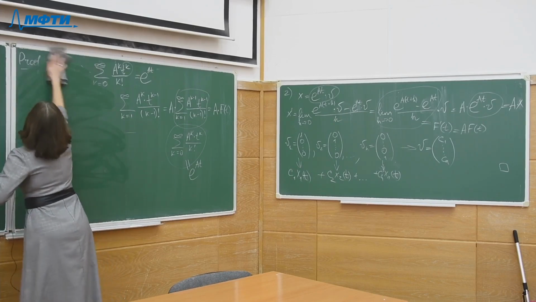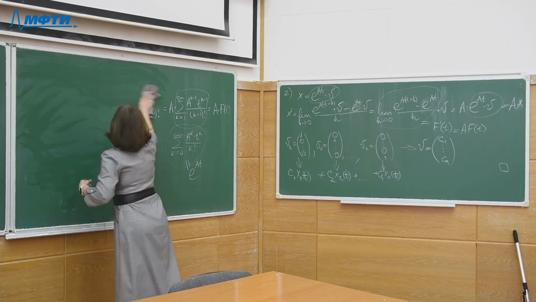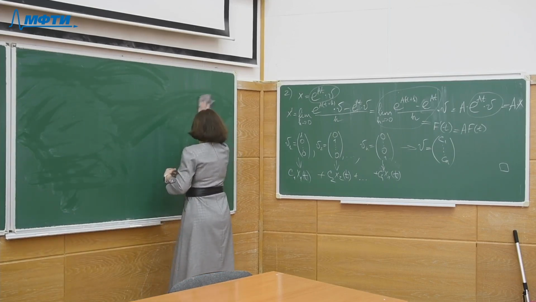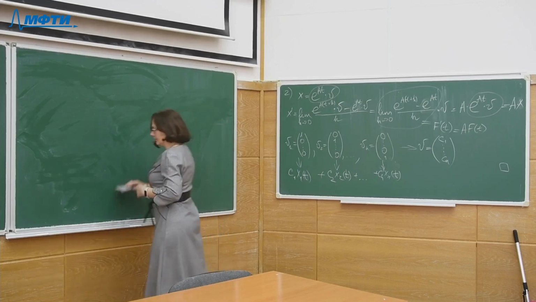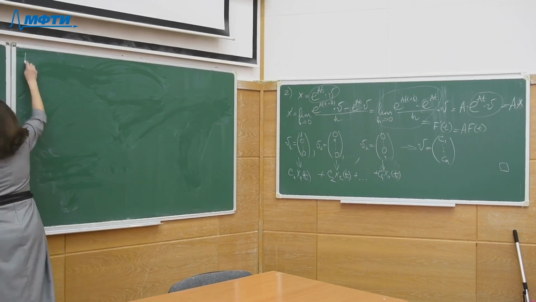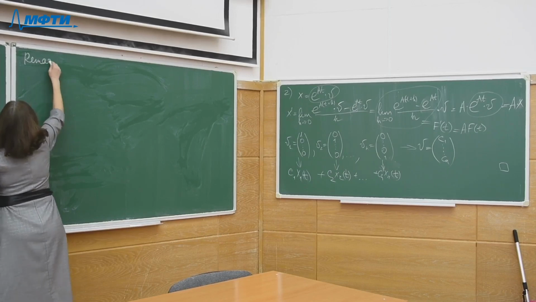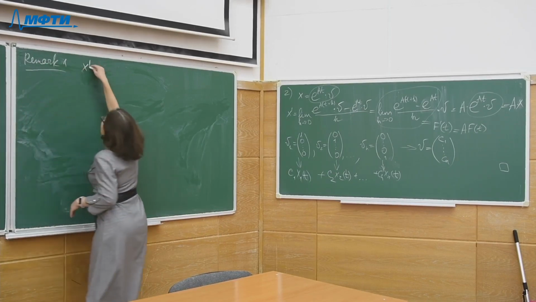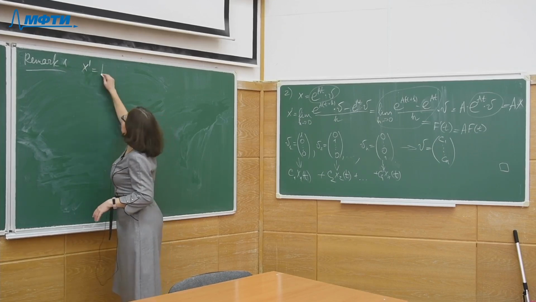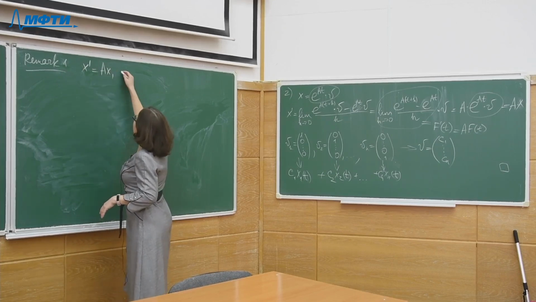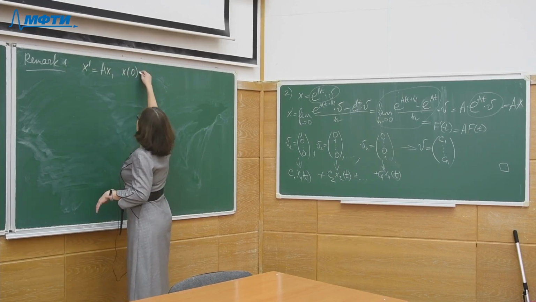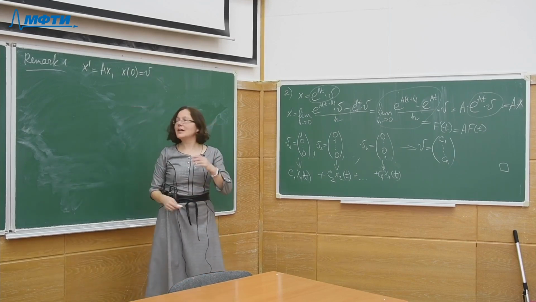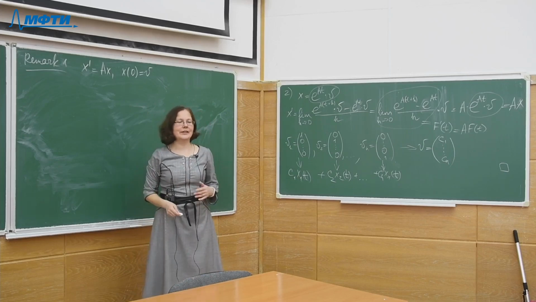There will be two remarks. Remark number one. If we want to solve an initial value problem, x' = Ax with x of 0 equals v, we now want to discuss the initial value problem.